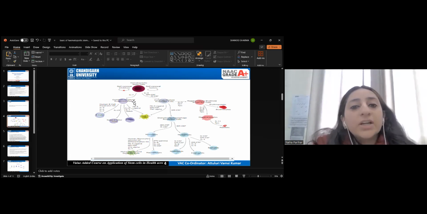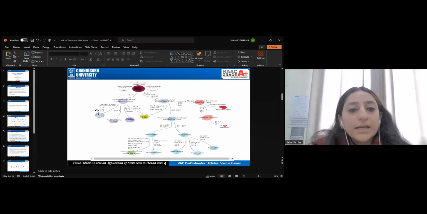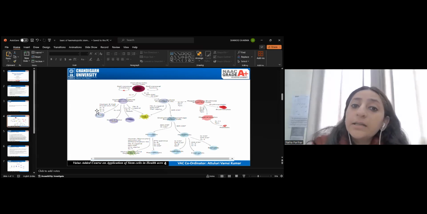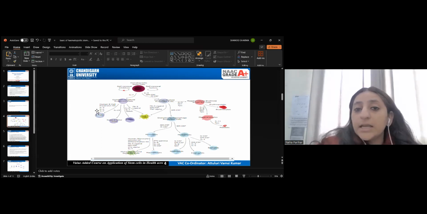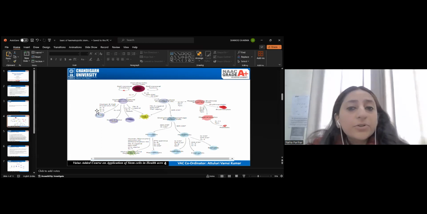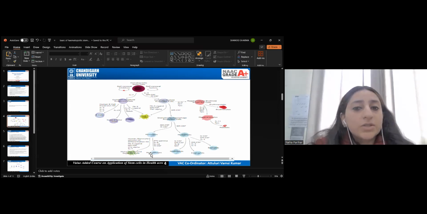Progenitor cells are those cells which lead to the formation of specific types of cells. Lymphoid cells lead to B cells, natural killer cells, and T cells, whereas common myeloid progenitor cells lead to the formation of monocytes, macrophages, neutrophils, eosinophils, platelets, and also the erythrocytes.